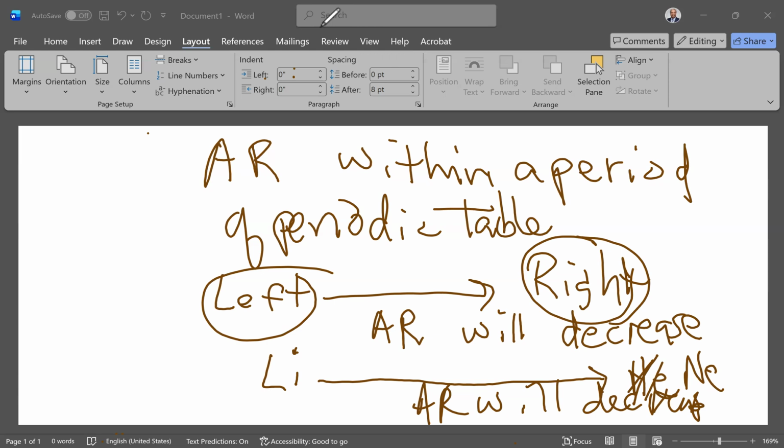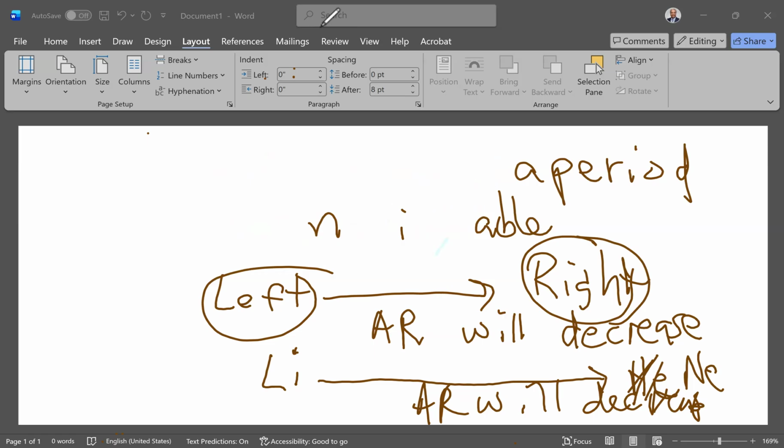The period is the arrangement of the elements from left to right, so it will decrease. So that's the first trend of the elements within the periodic table. So let's look at the other one. We have to look at the ionization energy. What do we mean by ionization energy?